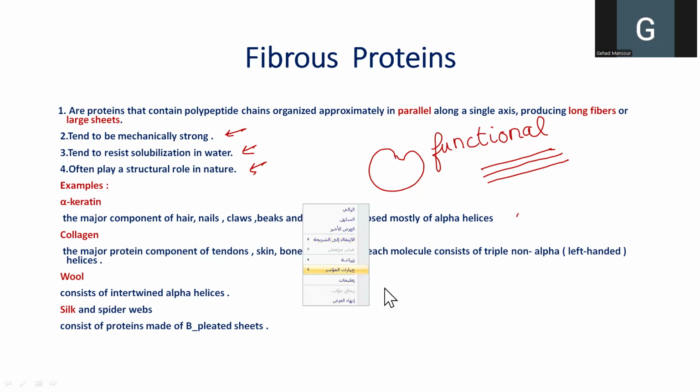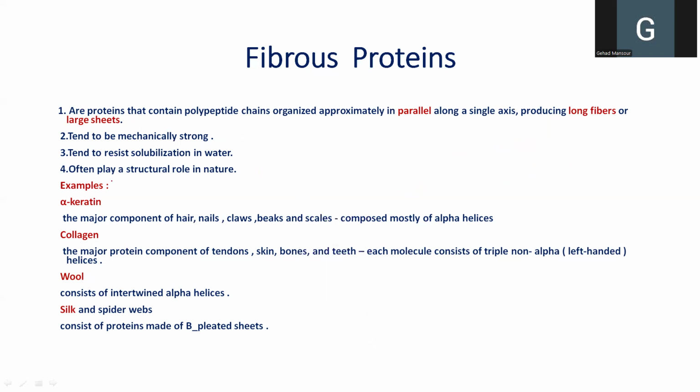And now we are giving examples of structural proteins. There are 4 major examples: alpha keratin, collagen, wool, and silk. They're all fibrous proteins, but there are differences between them. Alpha keratin consists mainly of alpha helices, like the one we have seen on the previous slide.